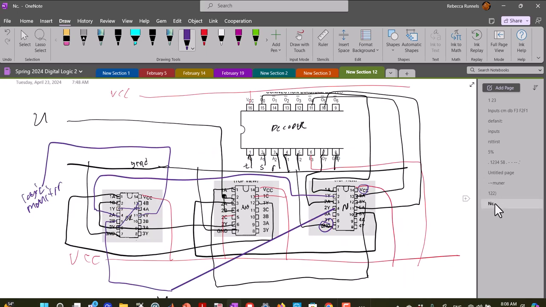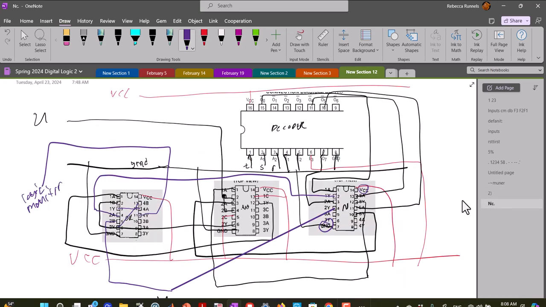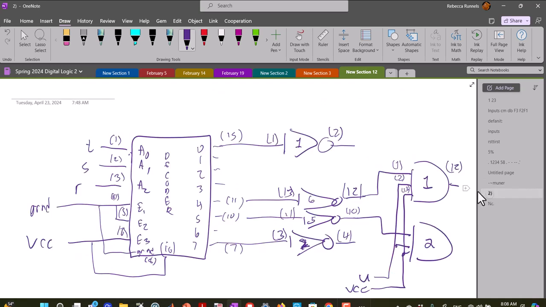And then we'll use the second AND gate, and our input U is going to be for 4. So that is pin 4.